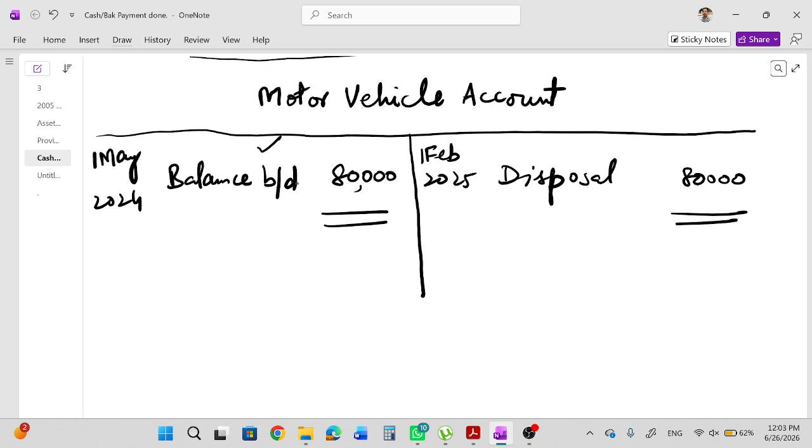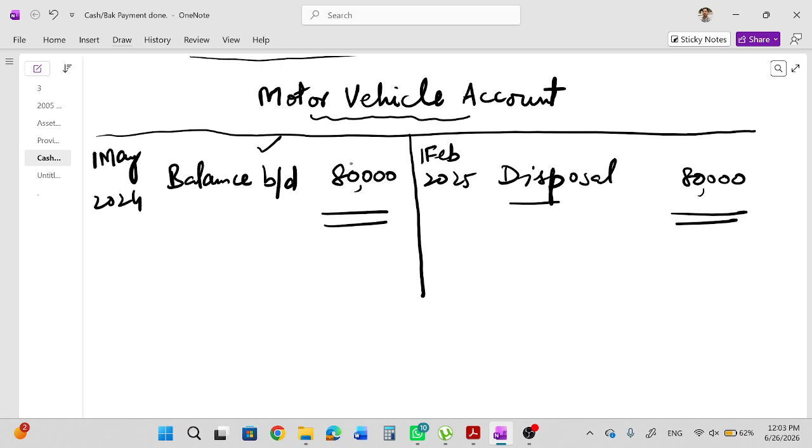Any non-current asset that we have for many years comes on the debit side each year as opening balance BD. Now on 1st Feb 2025, what is happening? We are disposing this asset off. So this asset will go to the disposal account at cost. One important thing to remember here is that the assets account will always contain cost.